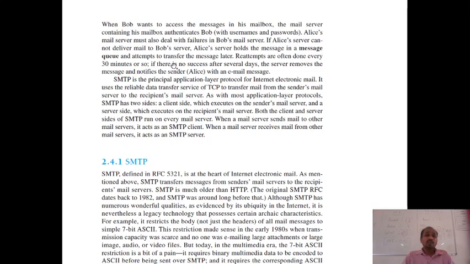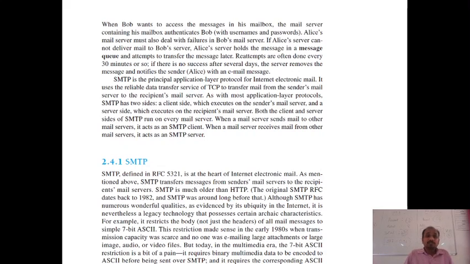Every time it attempts to transfer that message, but is unable to send it, because Bob's mail server is not reachable. So every 30 minutes, Alice's server will re-attempt to transfer that mail, and it will re-attempt every 30 minutes for 1 day or 2 days.